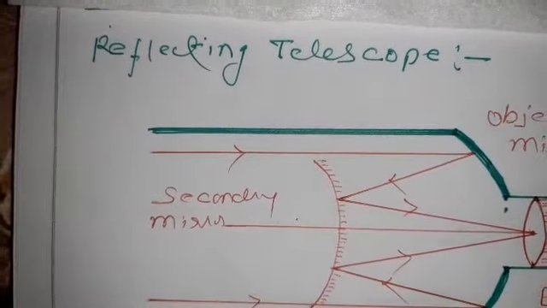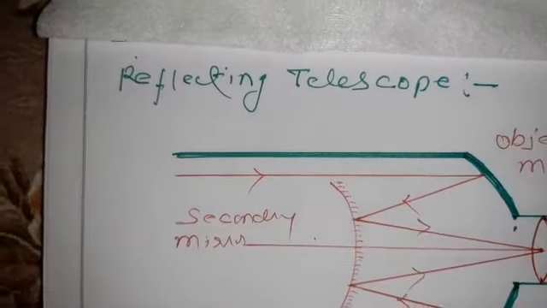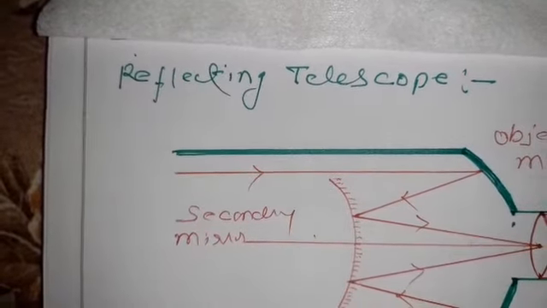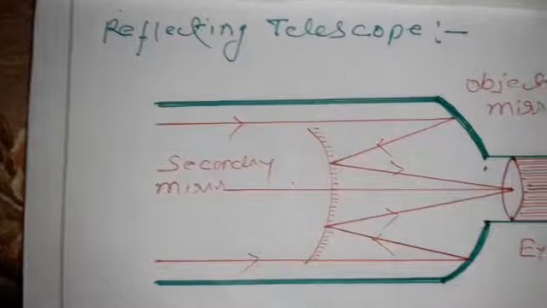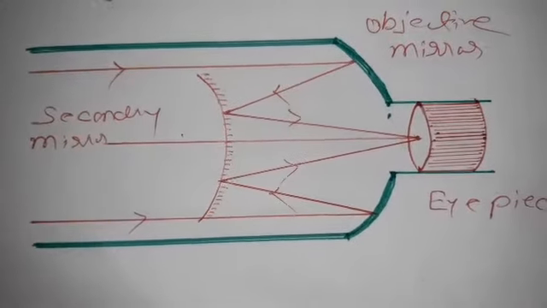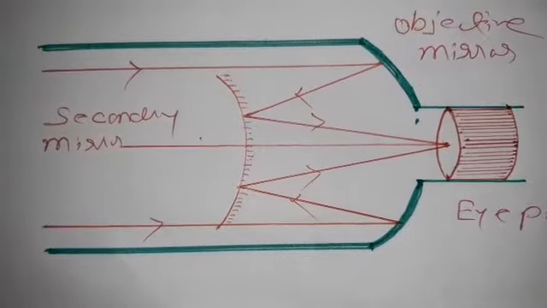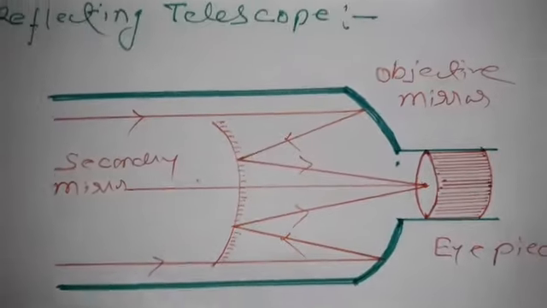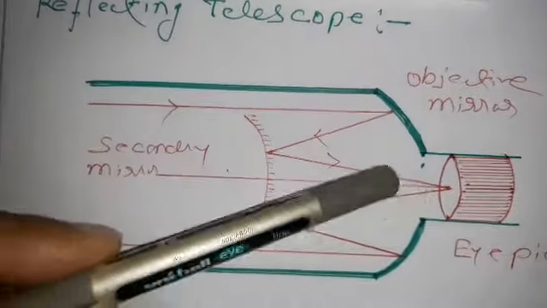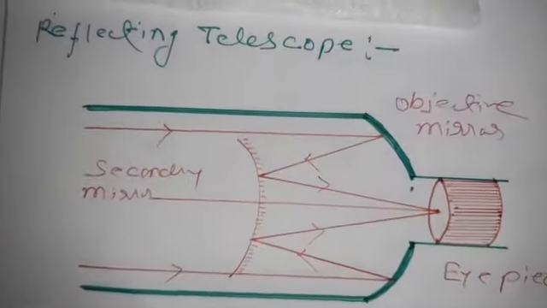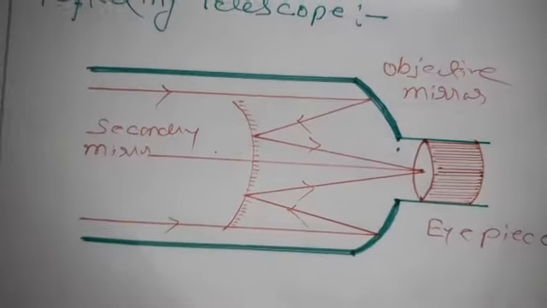A convex mirror is placed between the concave mirror and its focus. A small convex lens, here you can see, works as the eyepiece.